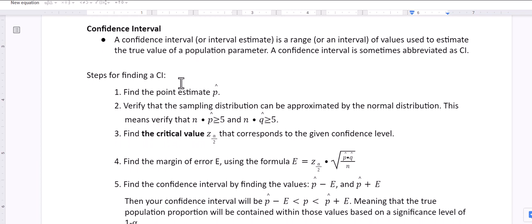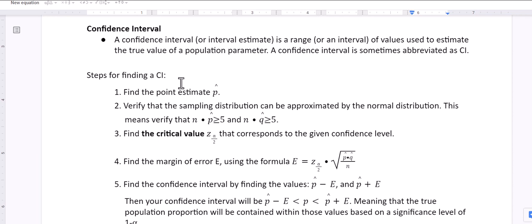Confidence interval or interval estimate is a range of values used to estimate the true value of a population parameter. A confidence interval is sometimes abbreviated as just CI, but what it is really doing is it takes our sample proportion and tries to then do statistical analysis and calculate an error to say our population parameter should be between this and this value, between two values.